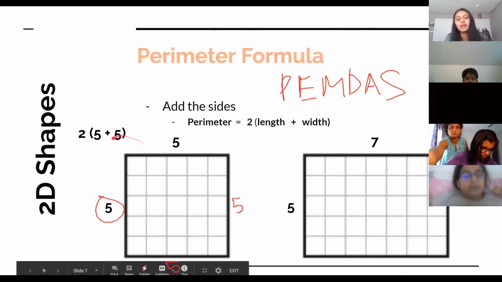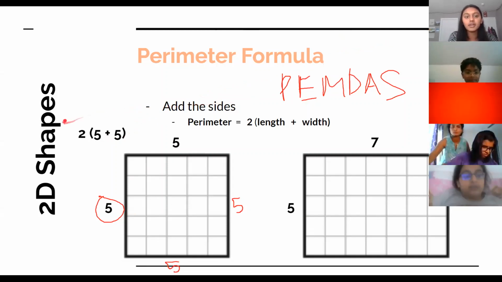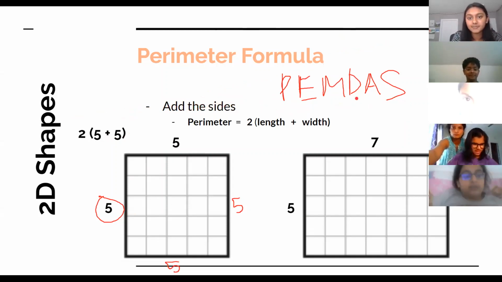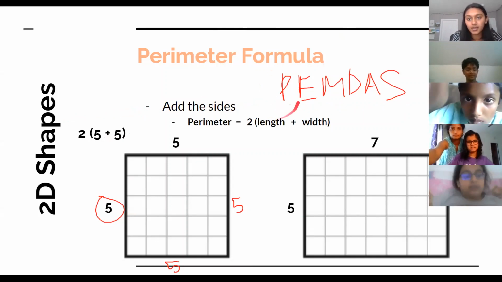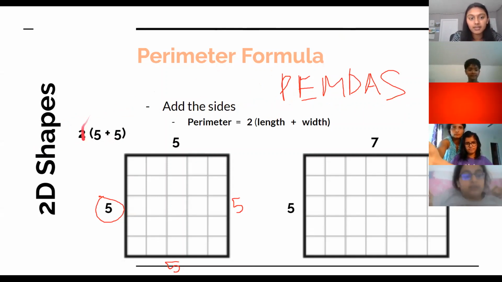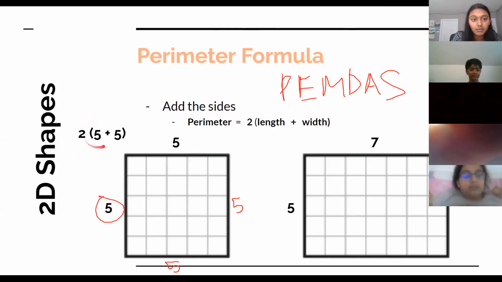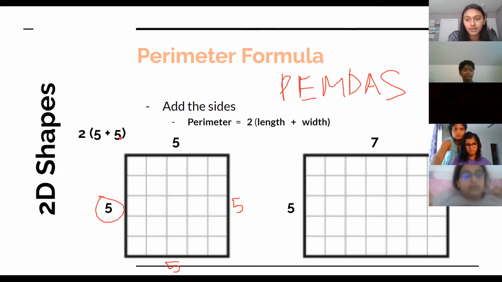Okay, I'll go ahead and do this one. So the first thing we're gonna do in PEMDAS is parentheses, right? So do we have any parentheses here? Yeah, we do. So we're gonna do what's inside of the parentheses first, which is 5 plus 5. And 5 plus 5 is 10.